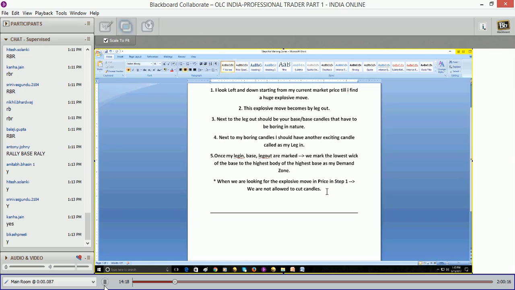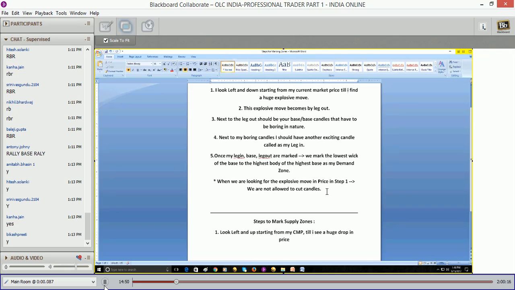Let's put in steps to mark supply zones. Step number one, I look left and up starting from my current market price till I see a huge drop in price.